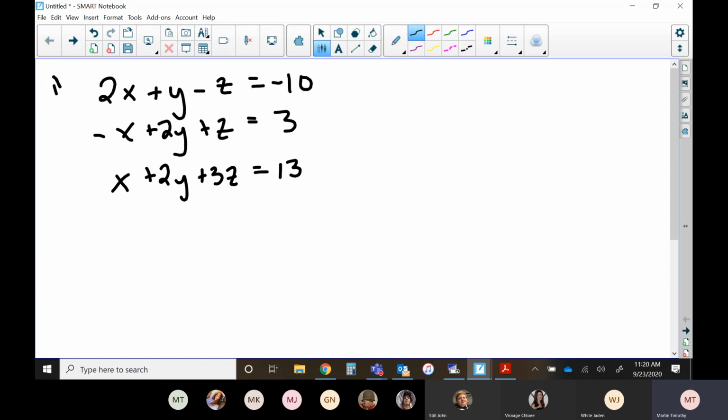So this is equation 1, this is equation 2, and this is equation 3. Again, not necessarily that one way is better, like not right, but there are better ways to combine this. Right away, what could I combine?